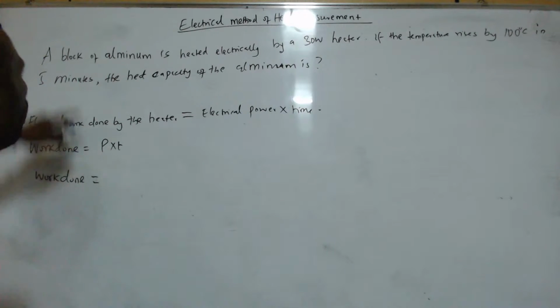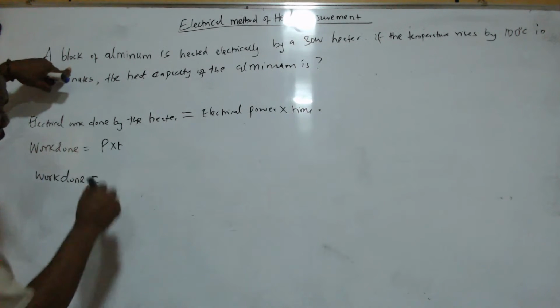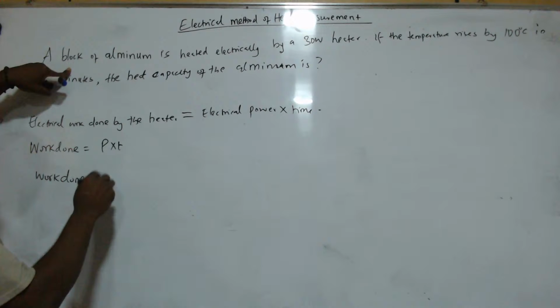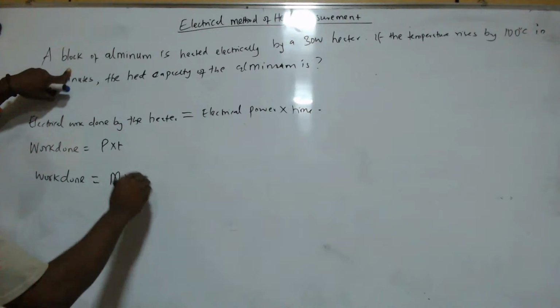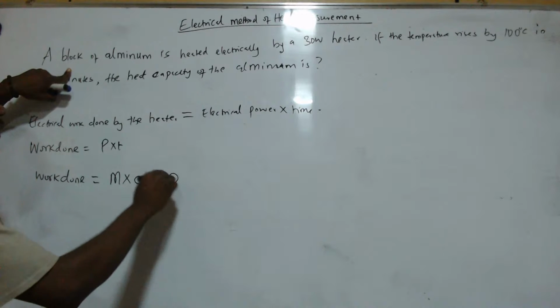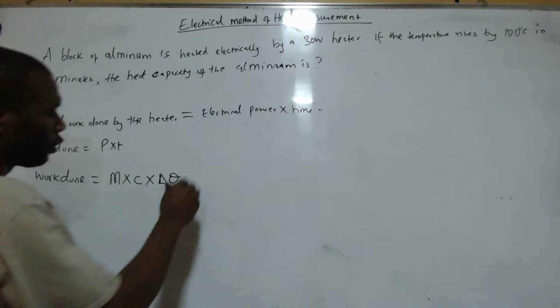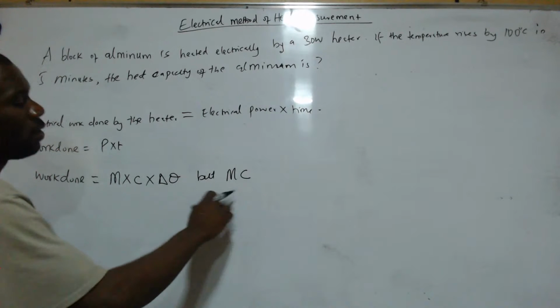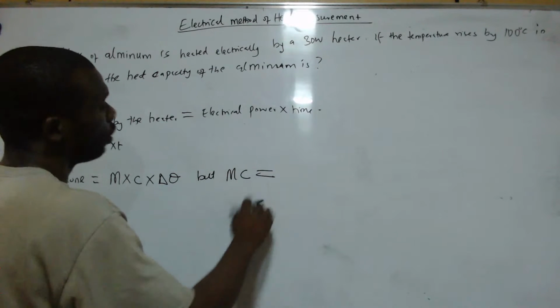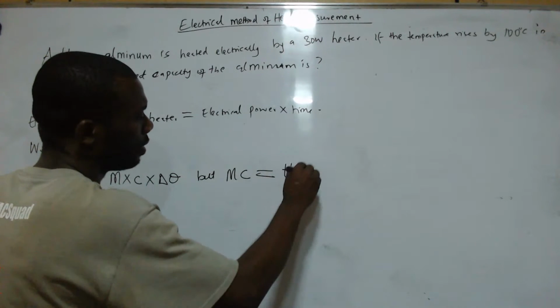Therefore, work done on the aluminium block is equal to mass of aluminium times specific heat capacity of aluminium multiplied by change in temperature of aluminium. But mass times specific heat capacity of aluminium will give you what we call heat capacity.